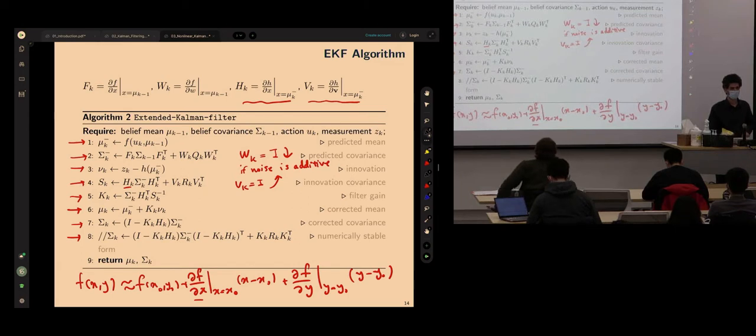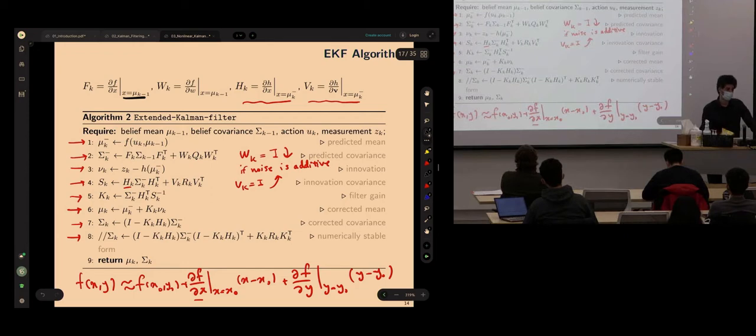No. Maybe you linearize to get the formula if it's analytical or closed form, but every time you start running this loop, you have to evaluate your Jacobians, because your linearization point will change. mu_{k-1}, next time that you enter the algorithm, is the previous mu_k. So that's a very good point. Reevaluate these terms that you see above here each time.